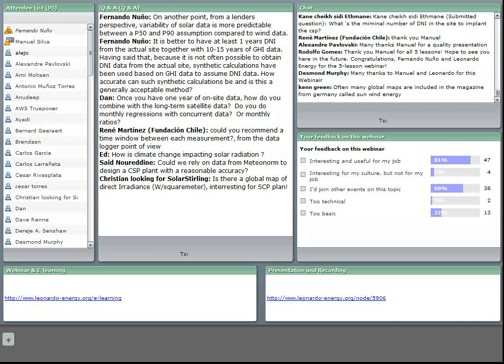Okay, very well. So another question: how often do you need to calibrate your instrument? I guess this is about a pyranometer or pyrheliometer. Well, it's recommended to calibrate them, or at least compare them, at least once a year.